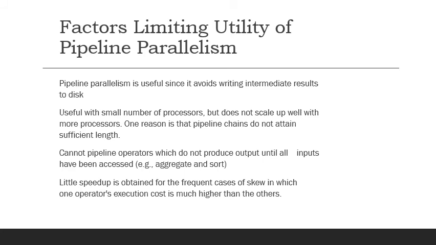Second, it is not possible to pipeline relational operations that do not produce output until all inputs have been accessed, such as the set difference operation, aggregate and sort, etc. Third, only marginal speedup is obtained for the frequent cases in which one operator's execution cost is much higher than those of the others.